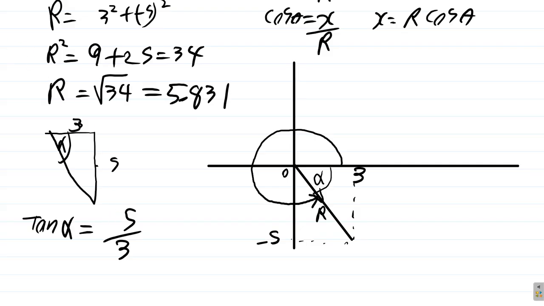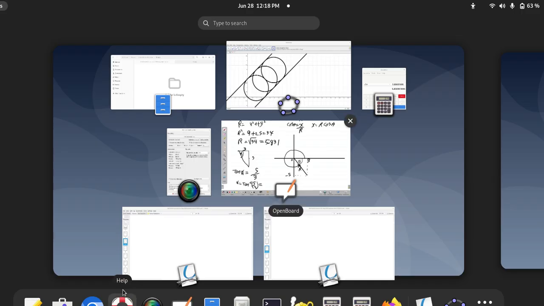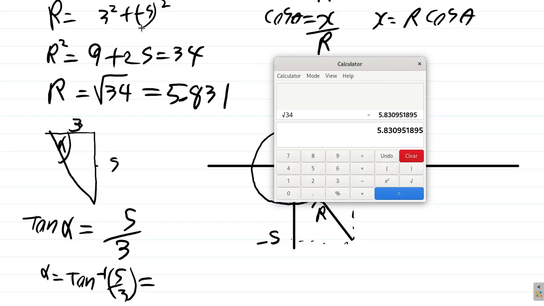So tan alpha is 5 over 3. So alpha is the tan inverse of 5 over 3.